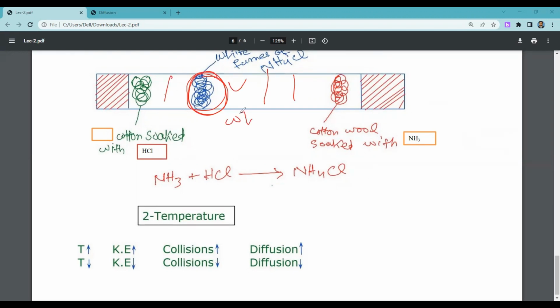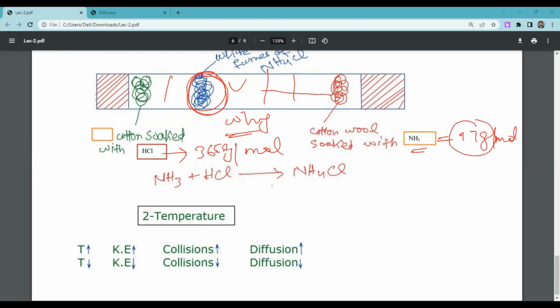The reason is this: HCl has high molecular mass, 36.5 gram per mole, while the molecular mass of NH3 is 17 gram per mole. Therefore, the molecules of NH3 diffuse faster, and these molecules diffuse very slowly as compared to the NH3 due to molecular mass.